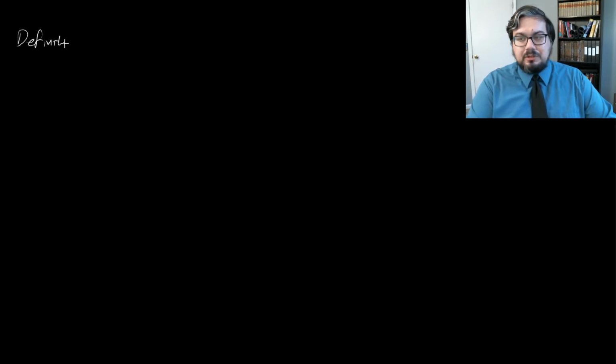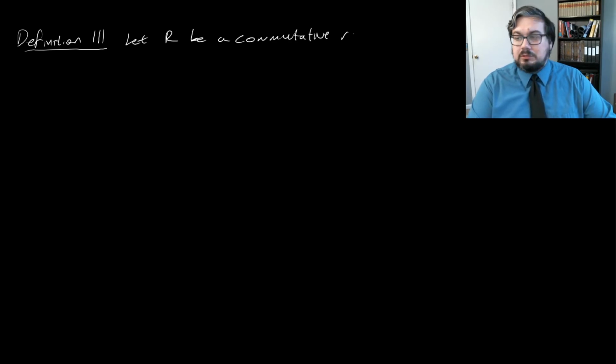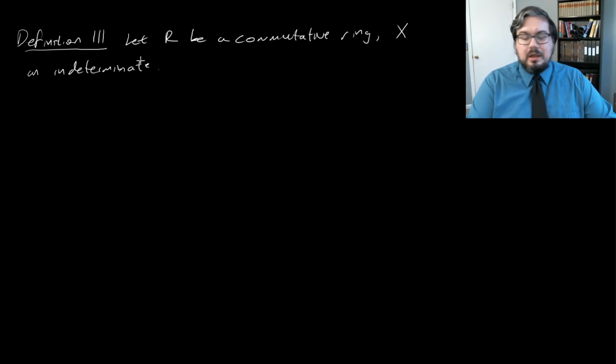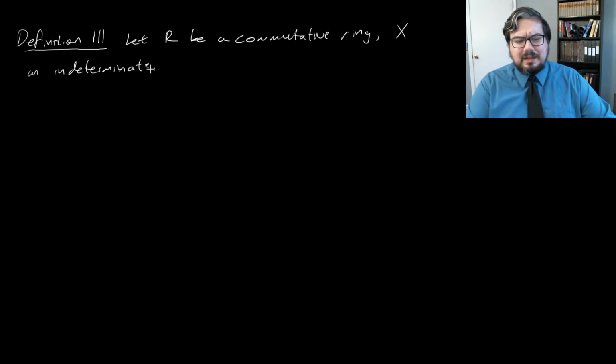So definition 111 is as follows. Let R be a commutative ring and X an indeterminate, and I'll come back to this term indeterminate in a second.